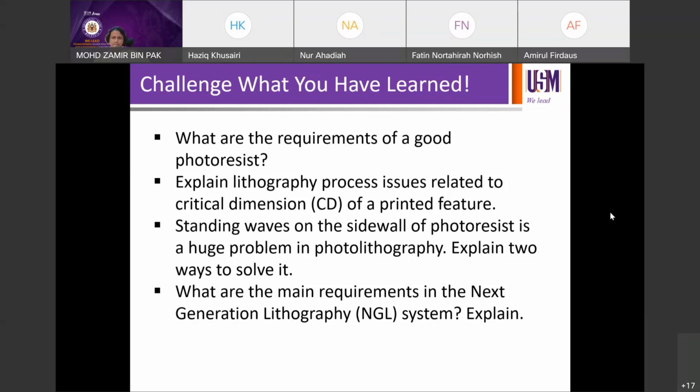Faris. Right, diffusion. PEB, diffusion during PEB. Okay, how does it help? Alia and Faris, how does diffusion help during the PEB? Alia? If you have diffusion, therefore, ready?